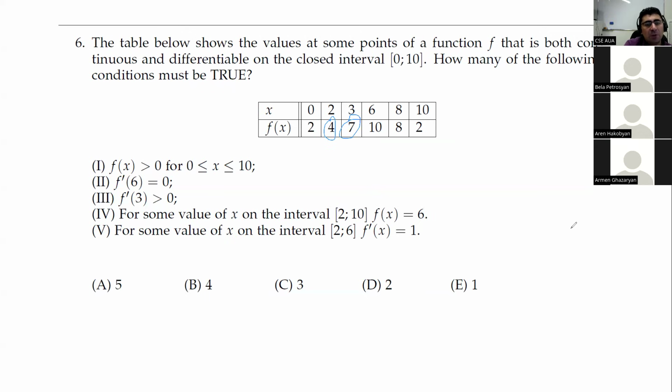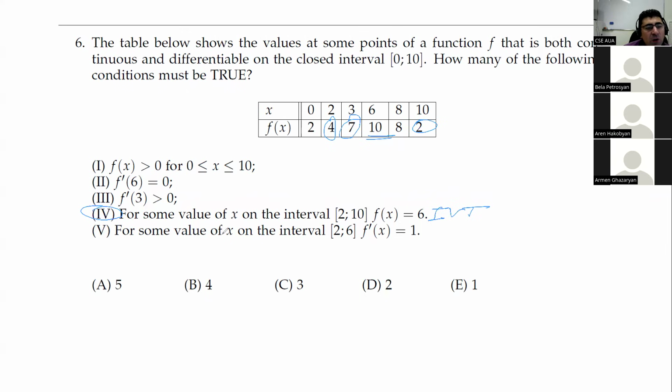According to which theorem? The intermediate value theorem. It says that any value from, in this case, 2 to 10 is achievable by our function. Any value, in particular 6. So for sure, this statement is true.